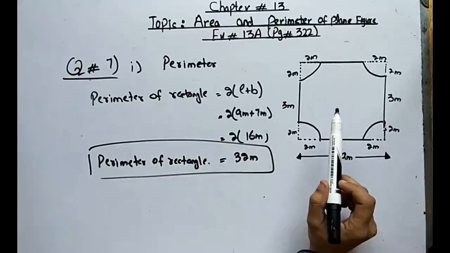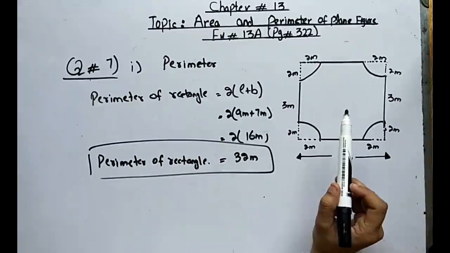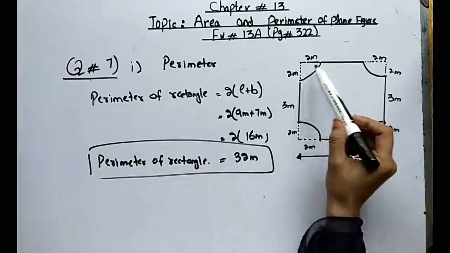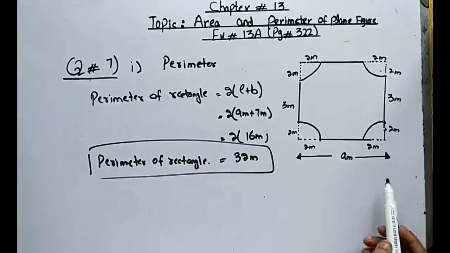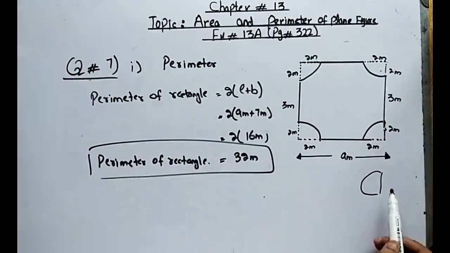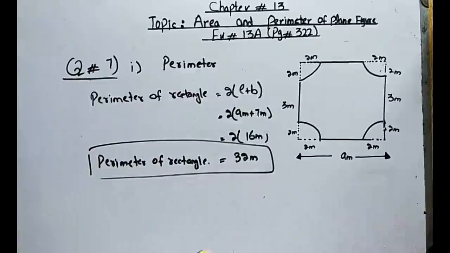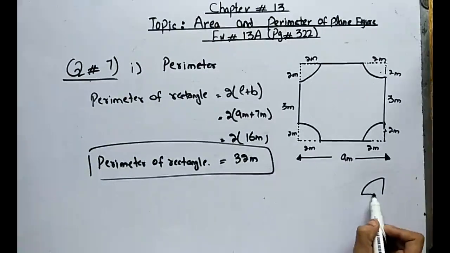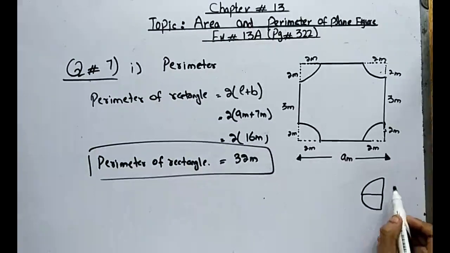Now the next one is, there are how many quadrants? 1, 2, 3 and 4. The first one is this one, then the next quadrant is this one, the third quadrant, and the fourth quadrant.